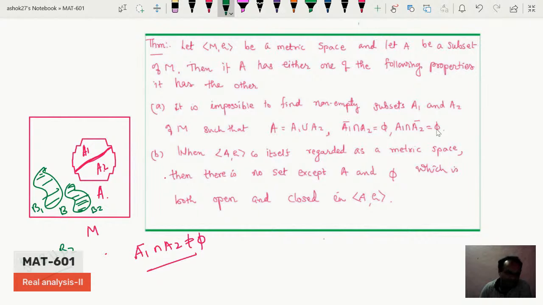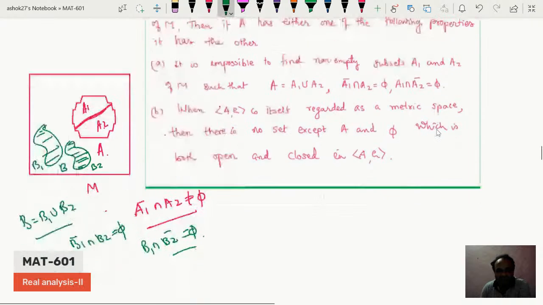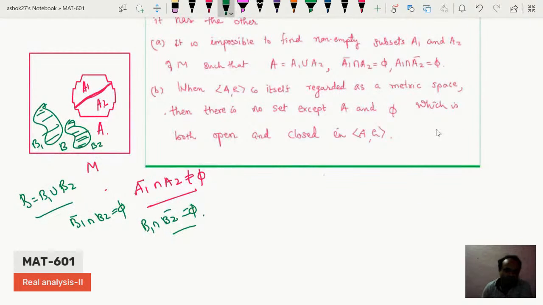There is a clear cut gap between B1 and B2. So what is B1 closure intersection B2? It will be empty, and again B1 intersection B2 closure will be empty. So this pair B1, B2 provides a partition for the set B, and hence B will be disconnected. It implies B is not a connected set.